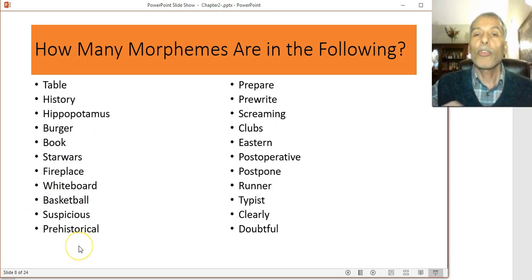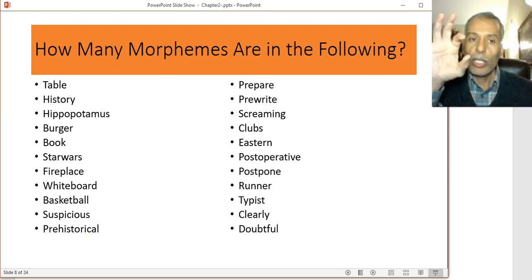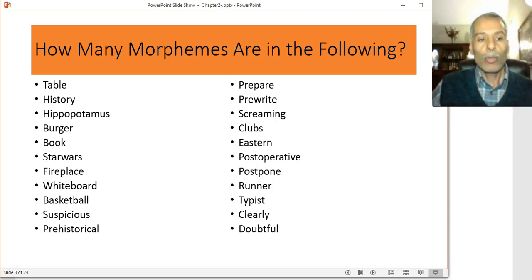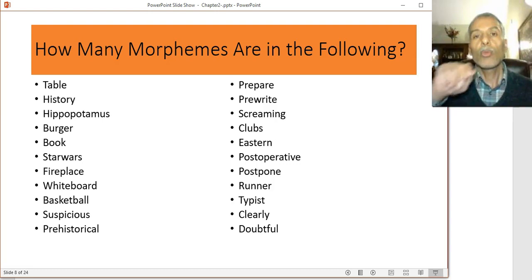Prehistorical. How many morphemes? Let's see. Take away the little units that are added and strip the word to its root, to its original form. So the original form here is history. And then you add pre, that's the bound morpheme. So prehistory would be one bound and one free.